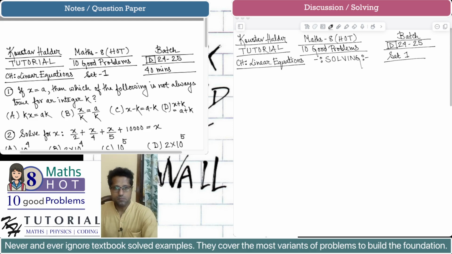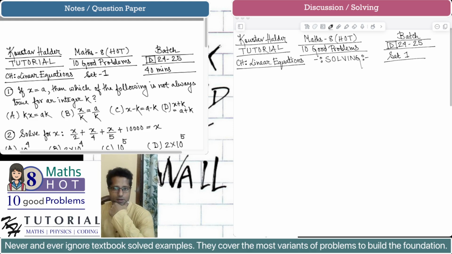So as usual, you must always try to solve these 10 good problems yourself first, preferably in 40 minutes, that is approximately taking 3 or 4 minutes per question. And only if you are stuck in solving a problem, you refer to this solution video to see the solution and the concept that was applied to solve the problem.